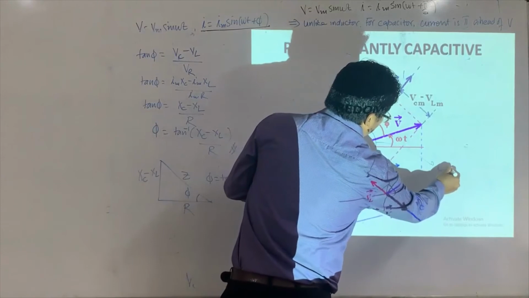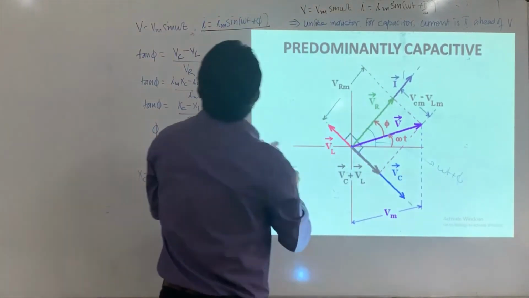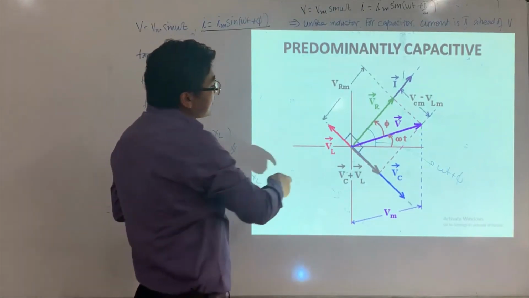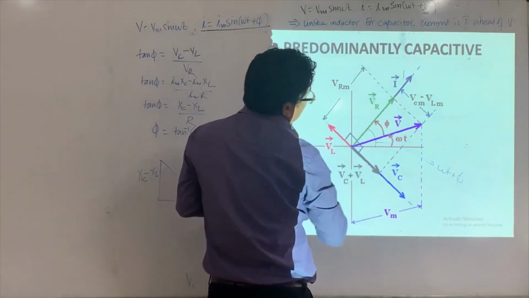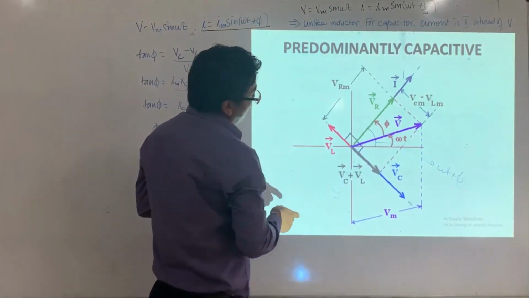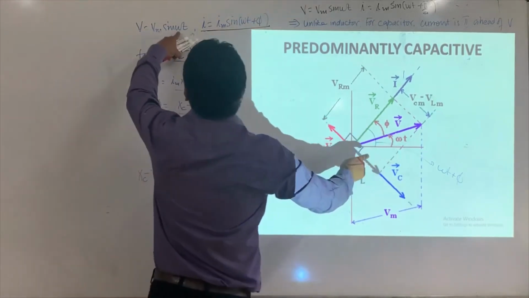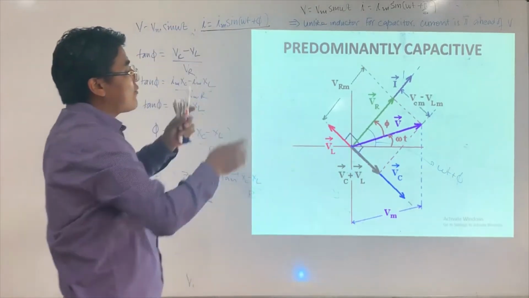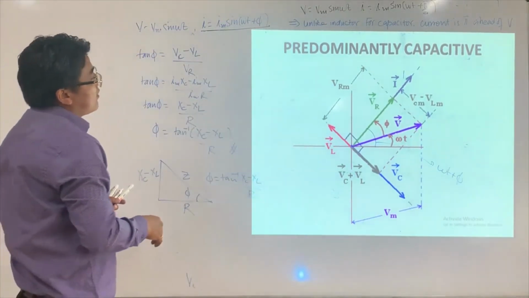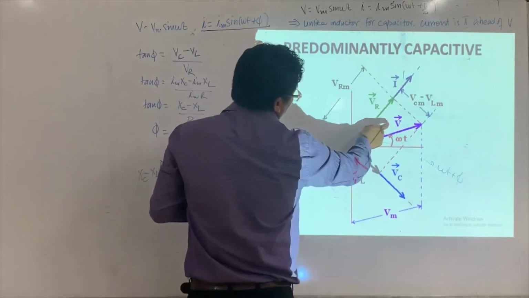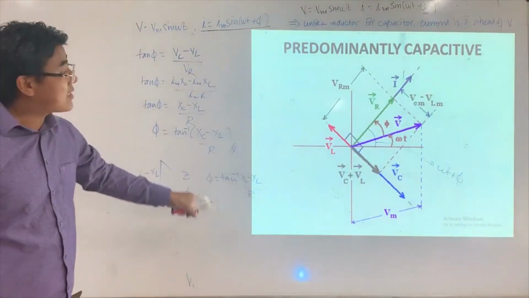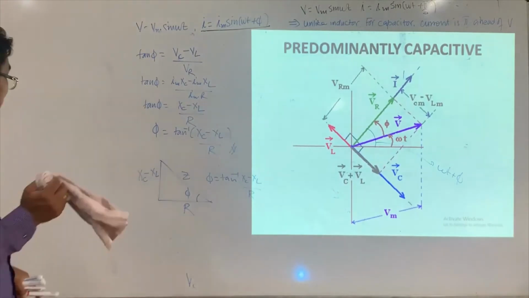This is omega t plus phi. This is the resultant vector V, the voltage across the source. And what is the phase difference between voltage and current? The phase between voltage and current is phi. Now how much is phi?